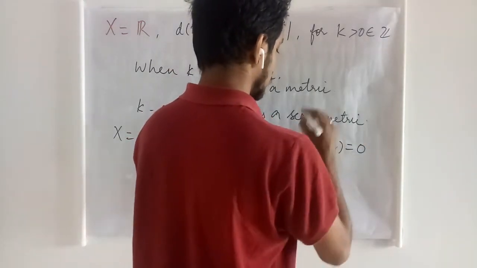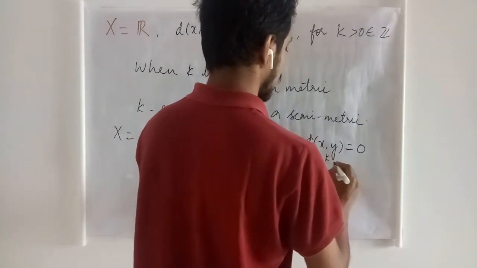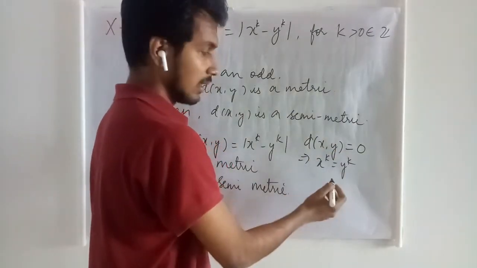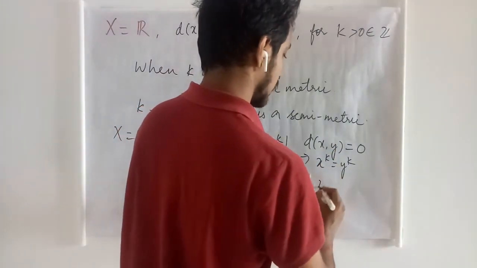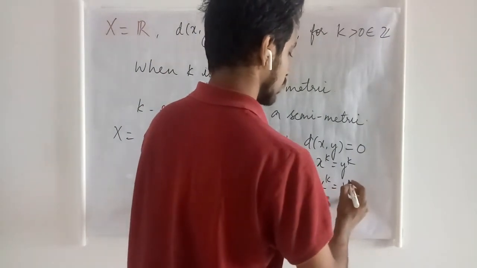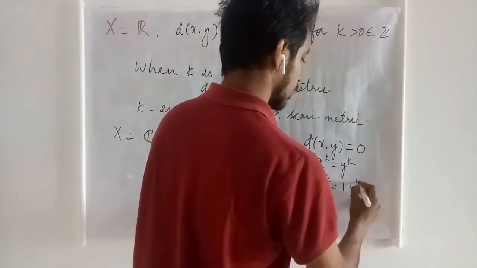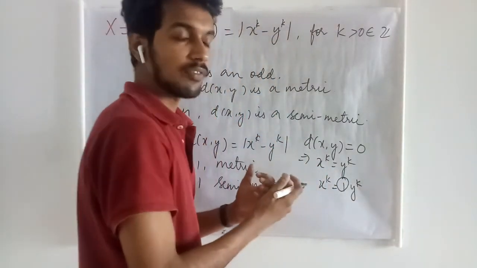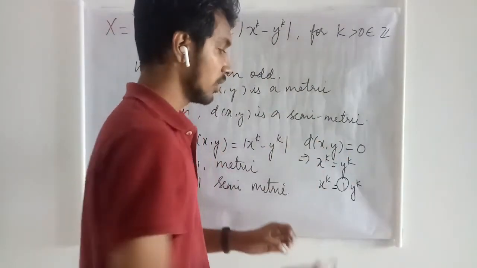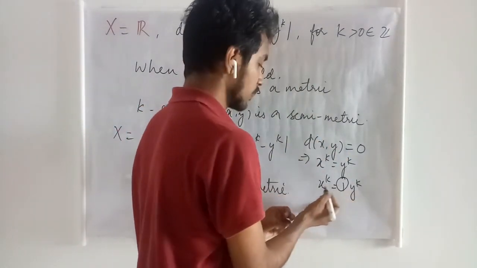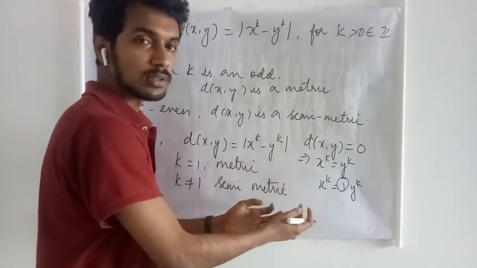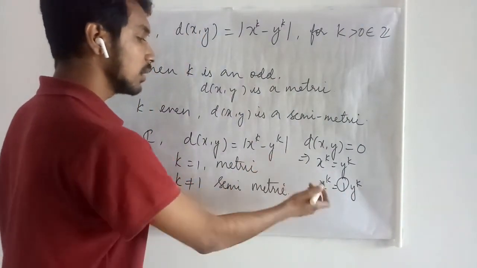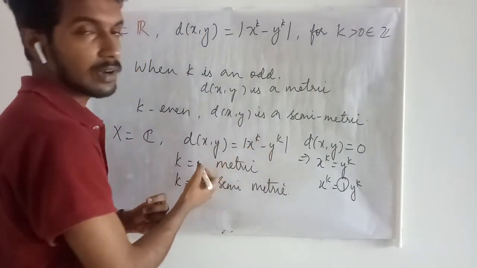Generally, let us have x power k the same as y power k. When it is considered in reals, we may say that x is 1 times y, and based on the roots of unity we will have a single value or many values. If it is real, it can be either plus or minus 1, but when it is complex, we have second roots of unity, third roots of unity, fourth roots of unity, and many more. That is why it is not a metric except for k equals 1.